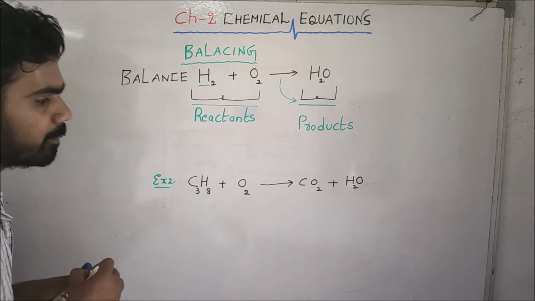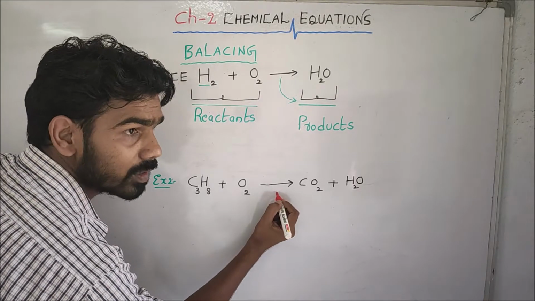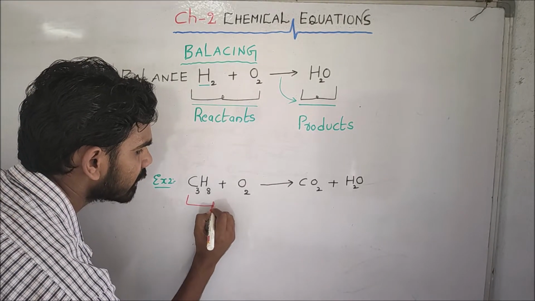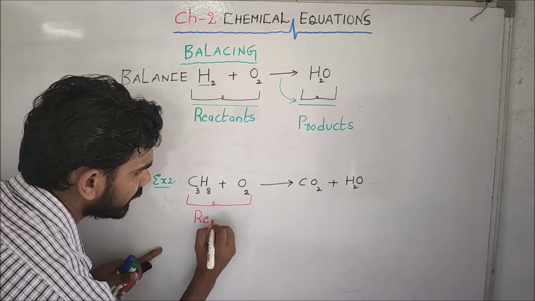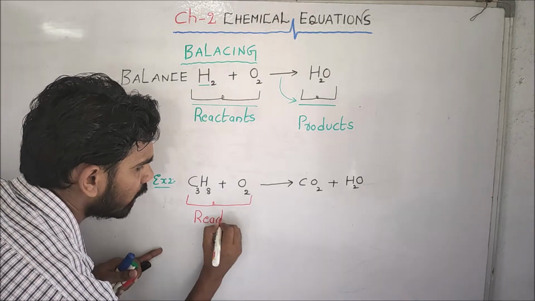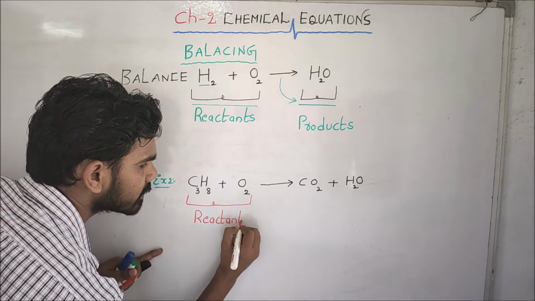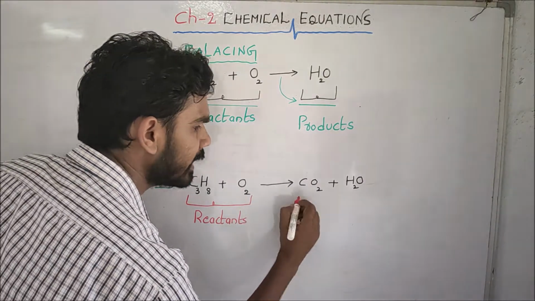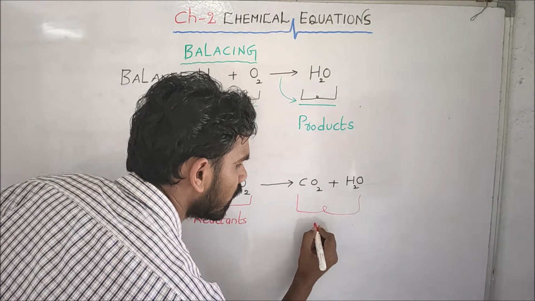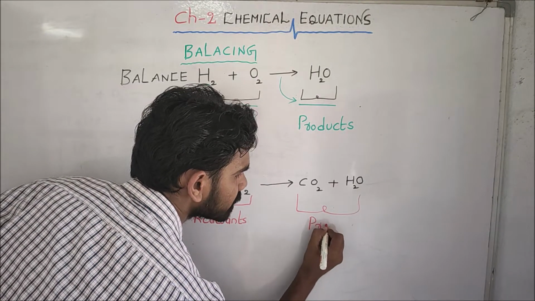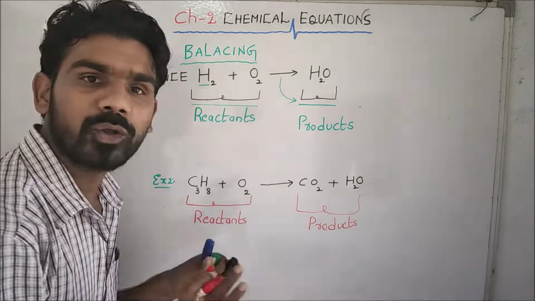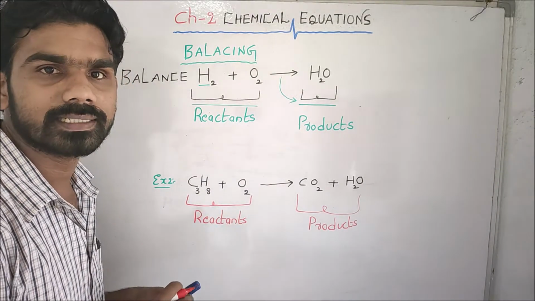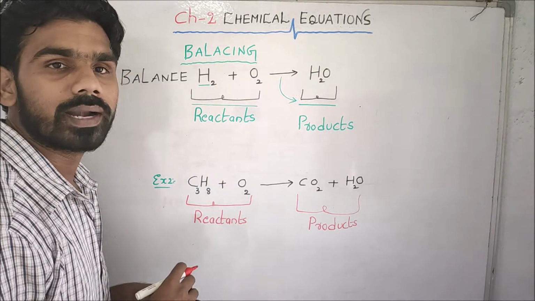See, this is the arrow. The terms on the left hand side are called reactants. Now the arrow's right hand side, these are called products. Now you have clarity on who are called reactants and who are called products.